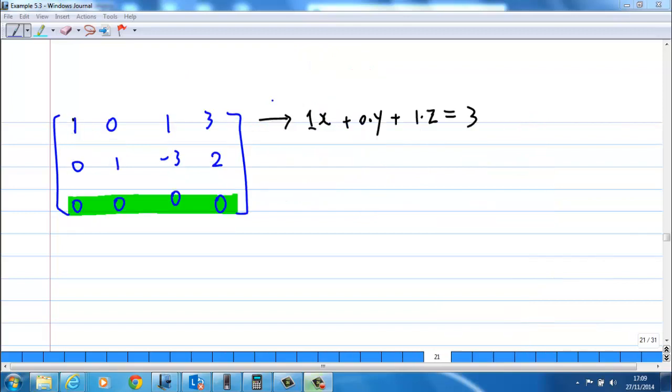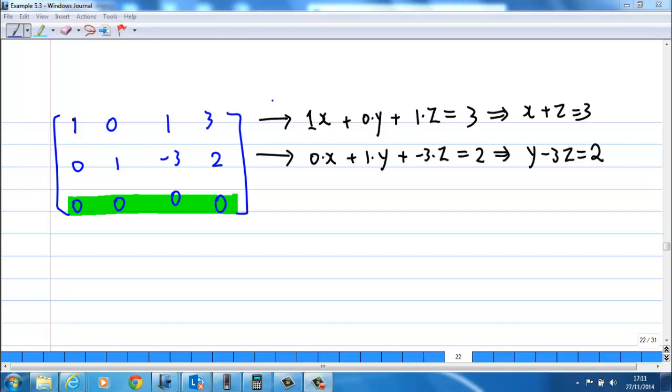The first row of the augmented matrix says that 1 times x plus 0 times y plus 1 times z equals 3, which also means x + z = 3. The second row says that 0 times x plus 1 times y minus 3 times z equals 2, which also means y − 3z = 2.